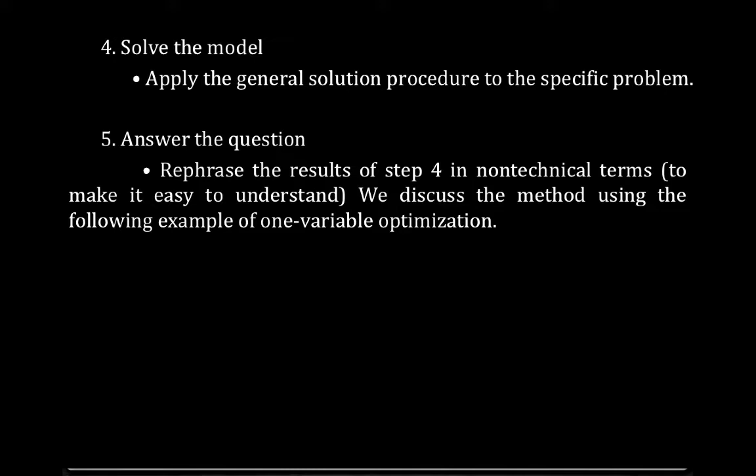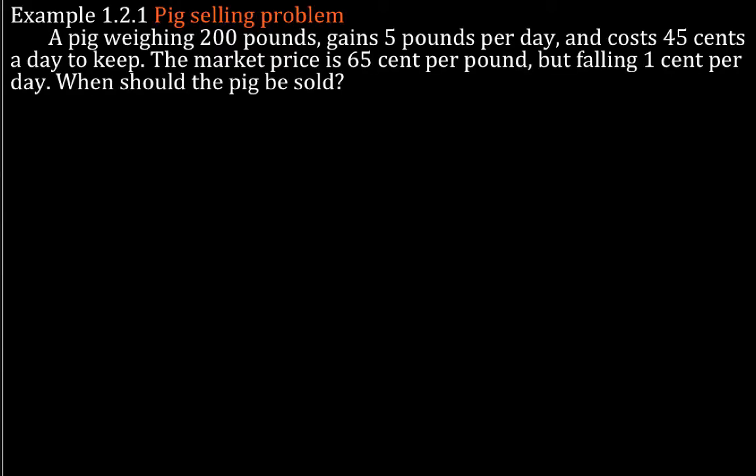Let me explain these steps using an example. Example 1.2.1, pig selling problem, in the textbook. So read the problem first. A pig weighing 200 pounds gains 5 pounds per day and costs 45 cents a day to keep.